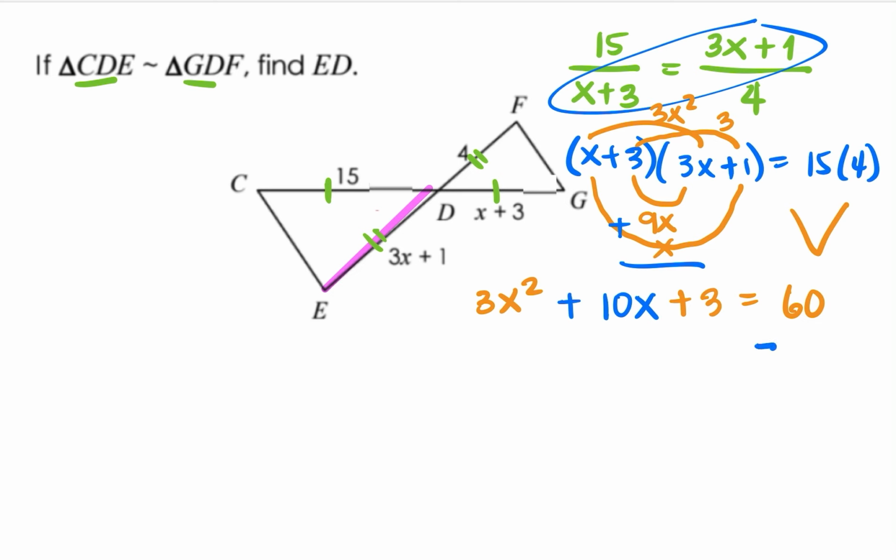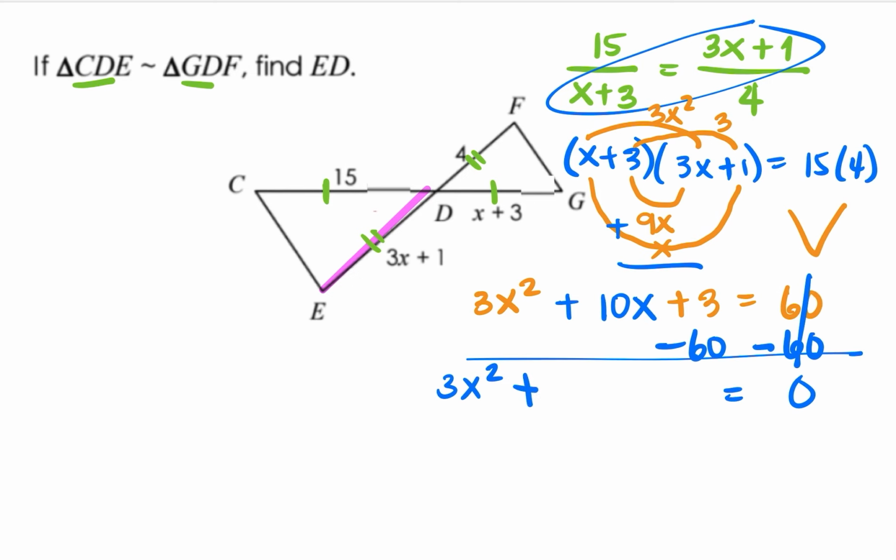So subtract 60 on both sides to make the equation equal to 0. We'll have 3x squared plus 10x minus 57.